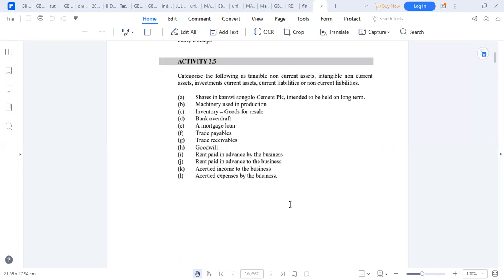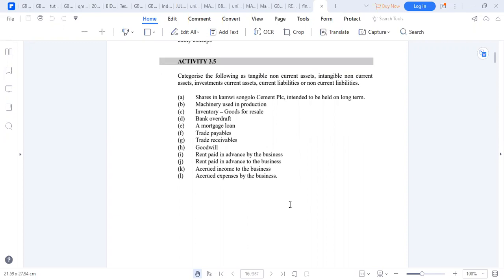Machinery, non-current liabilities. Machinery used in production, current asset? It's a fixed, non-current asset. It's a non-current asset, yes. Non-current means fixed.